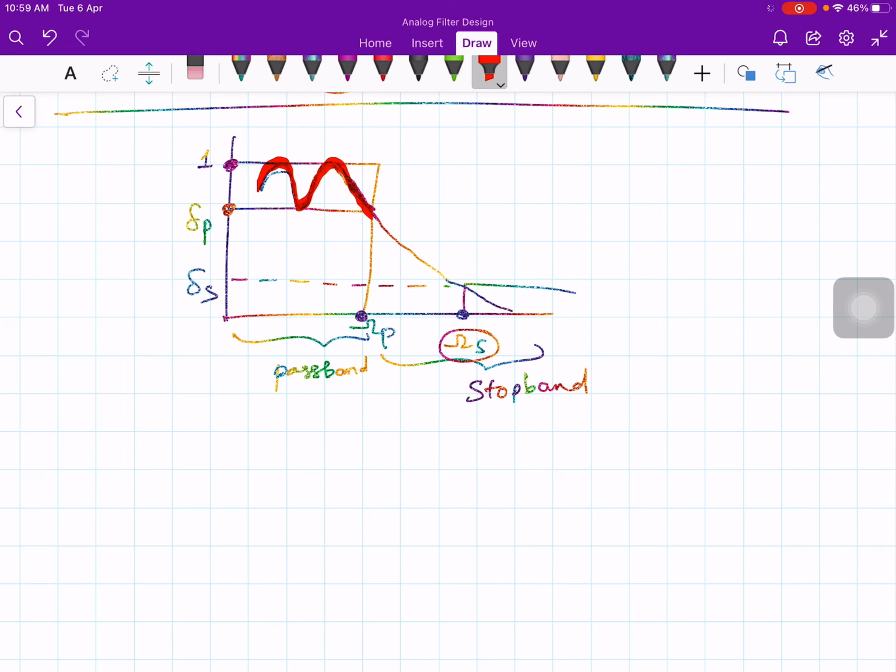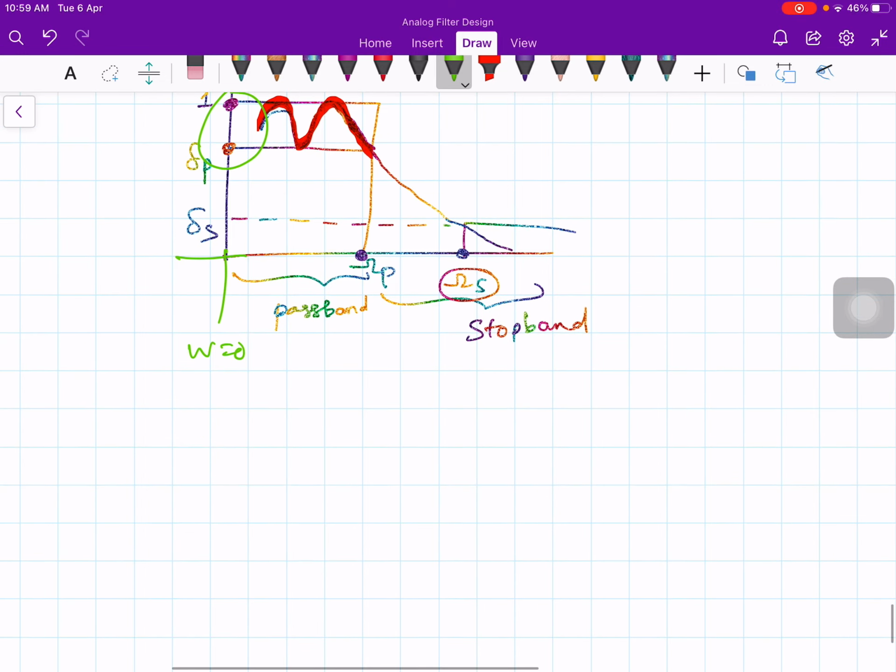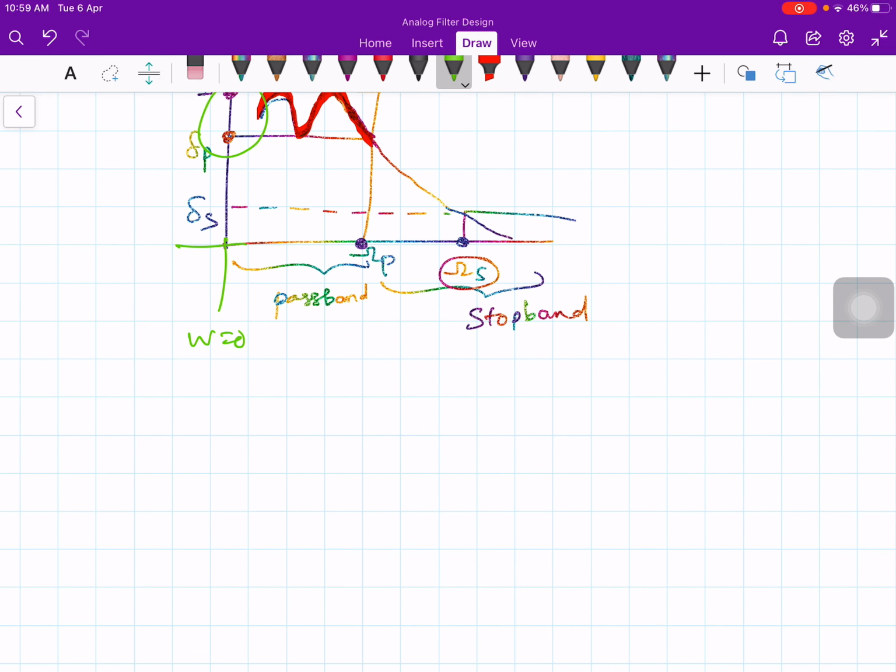I am intentionally not showing omega equal to 0. Here I did not complete the figure, so we will see that a little later, because it differs according to the evenness or oddness of the transfer function.